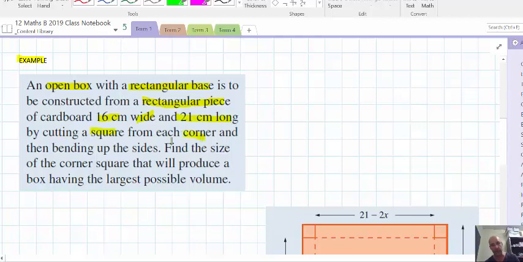We're going to cut a little square from each corner, and the square is the same size, so there's going to be 4 little squares cut, and then we fold up or bend up the sides. Now what we have to do is find the size of the corner square that will produce a box having the largest possible volume.